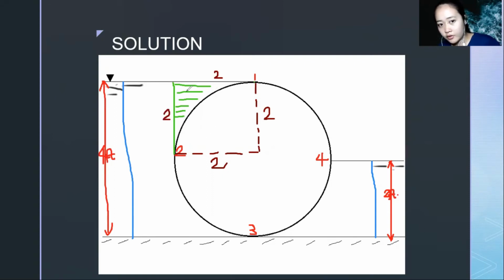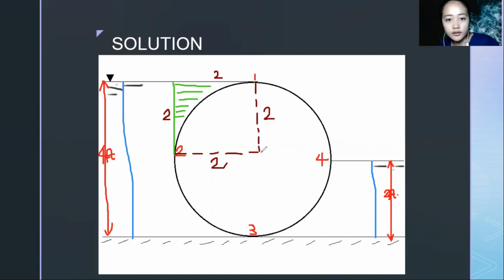So to get the volume in this area is to subtract the area of this part from the area of the square.